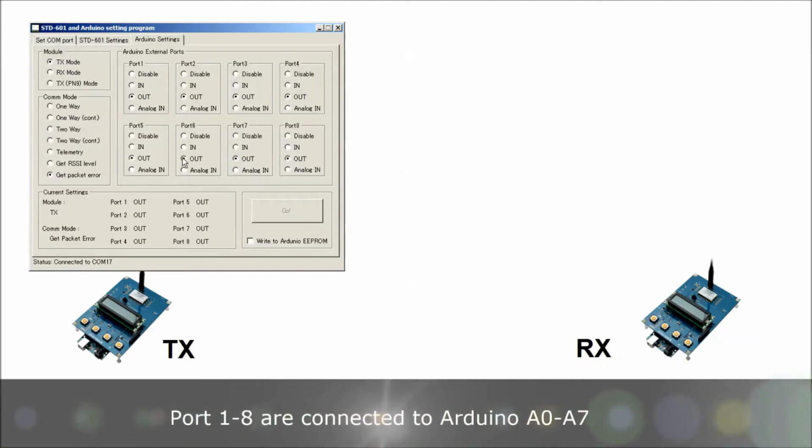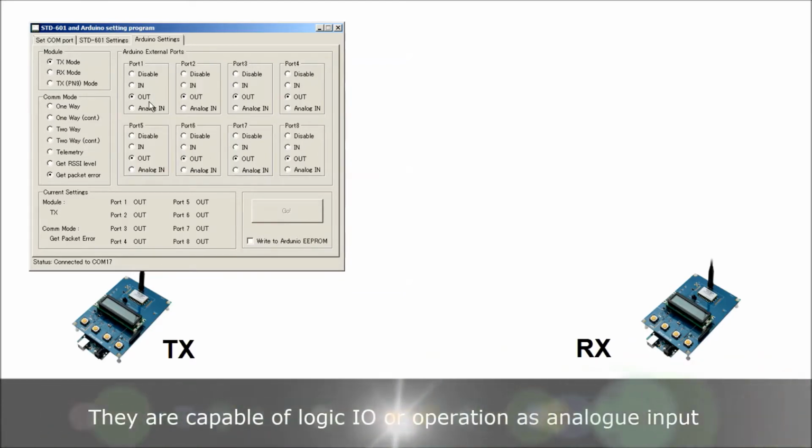Ports 1 to 8 are connected to Arduino A0 to A7. They are capable of logic I/O or operation as analog input.